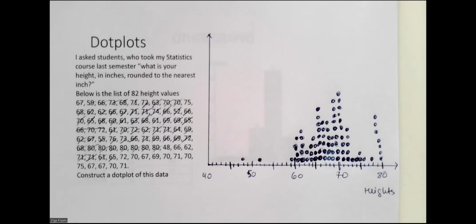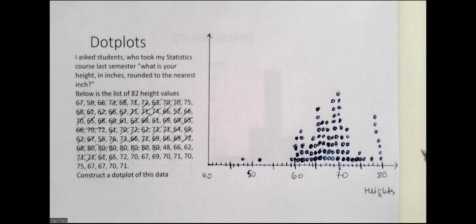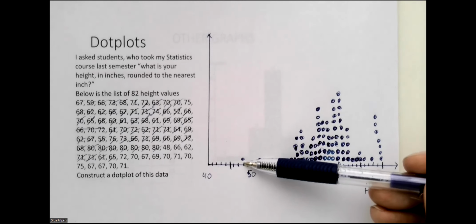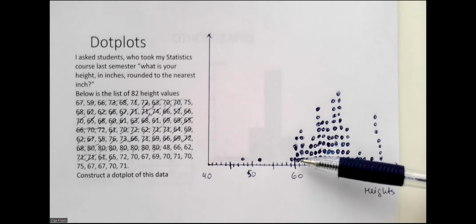It's a little bit handmade, so not very perfect, but still I can analyze this data. I can tell that my most frequent value was 71. That's my tallest column. Those dots are forming columns. My second most frequent one was 70. I can also tell that 48 and 52 were my two outliers.